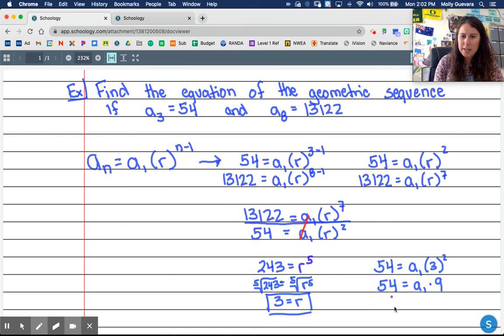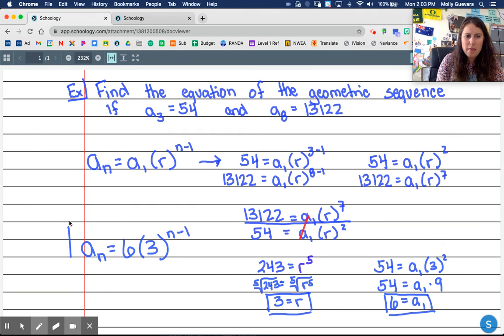Divide, divide, and I get 6 equals a sub 1. So now I have my r and I have my a sub 1. So I am able to write the equation. A sub n equals 6 times 3 to the n minus 1. And that is the equation of the sequence.